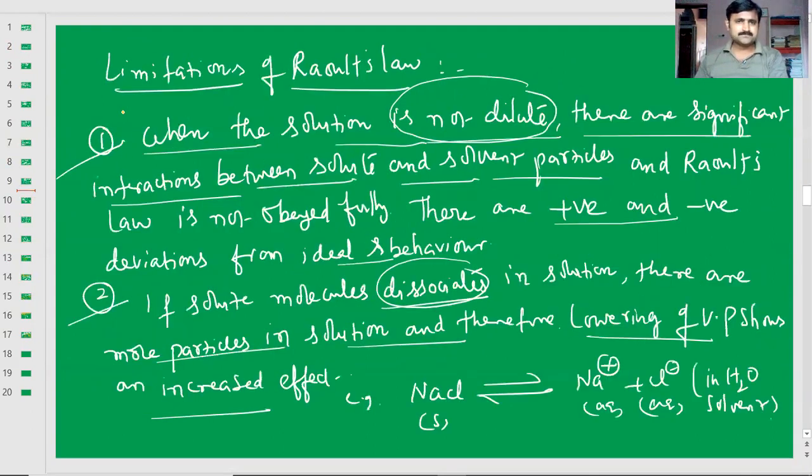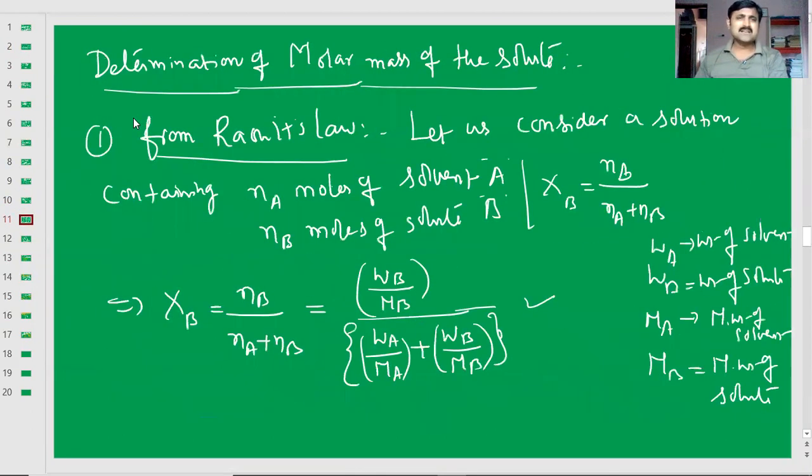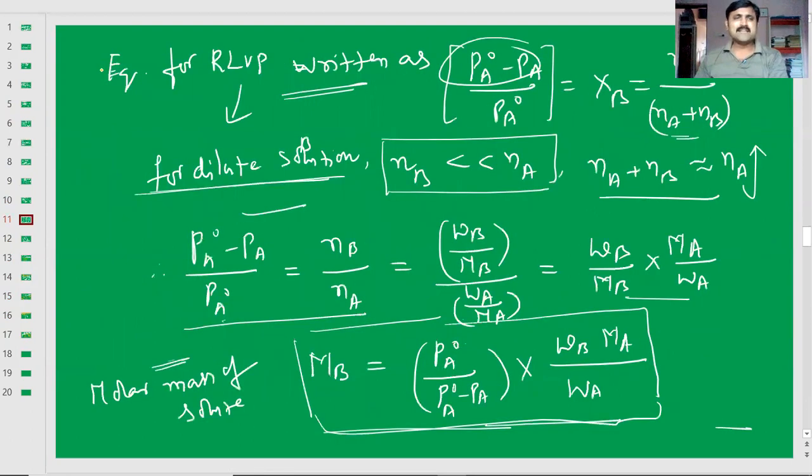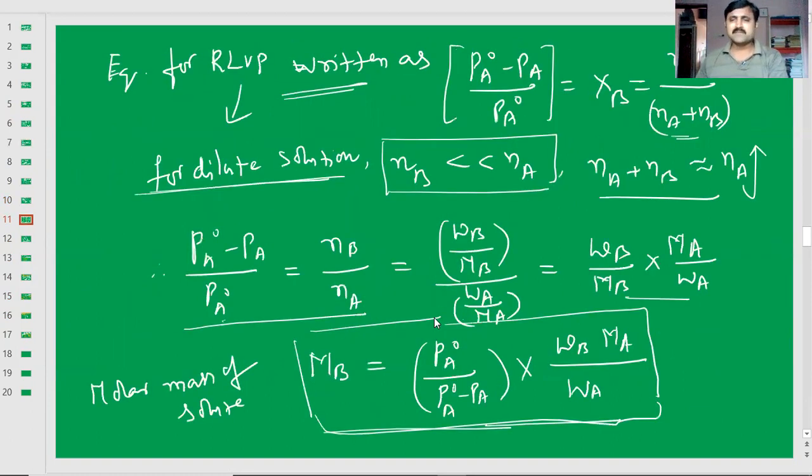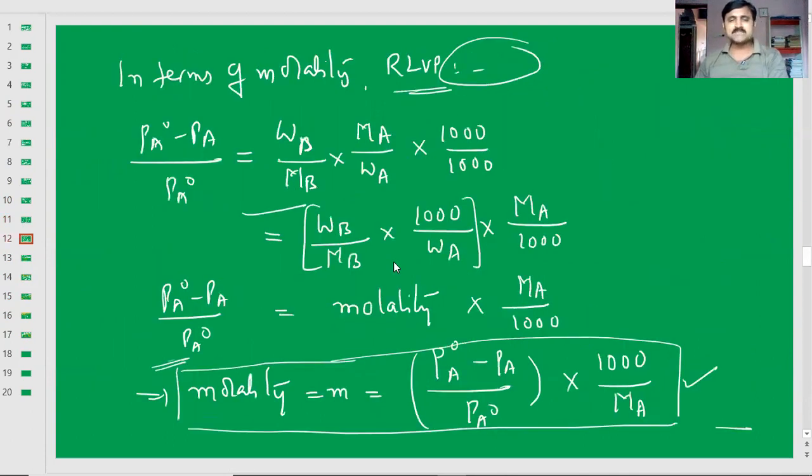And then we identified the importance of these colligative properties to determine the molar mass of solute, and how solute molar mass can be determined from Raoult's law. We have given a formula. Even if you use different symbols, you need to tell the description of the symbols, and how the molality expression is also useful in this RLVP relation.